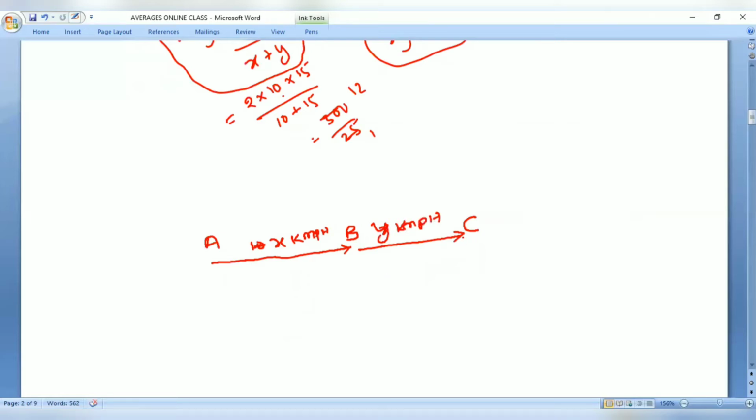Then he traveled from C to A with a speed of z kilometer per hour.